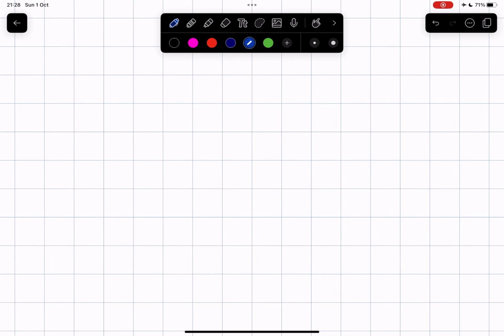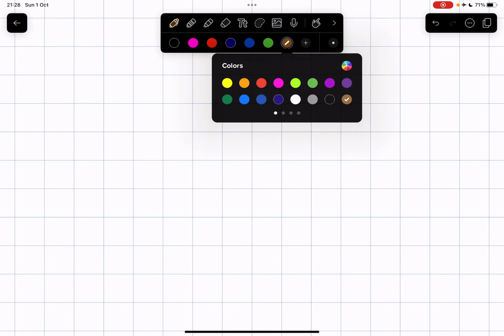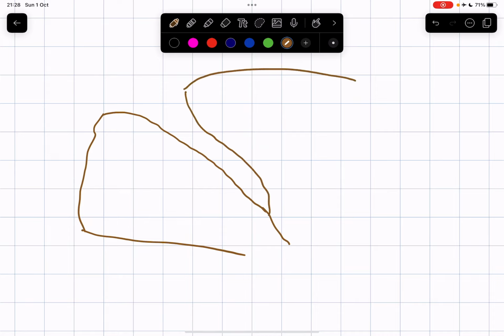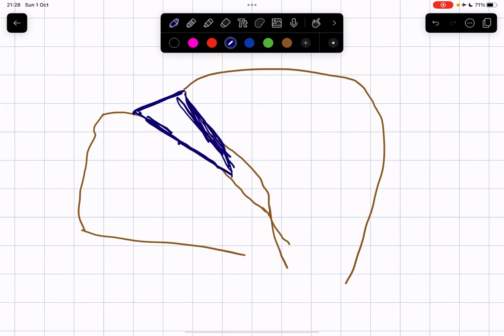So the pectoralis major muscle goes like this, and we have the deltoid muscle going like this. Now here we get a triangular area. This is known as the deltopectoral groove. So you have to separate these two muscles from each other to find this deltopectoral groove.